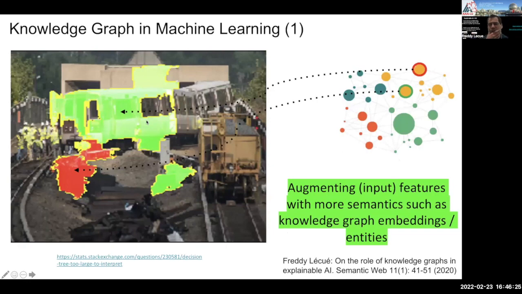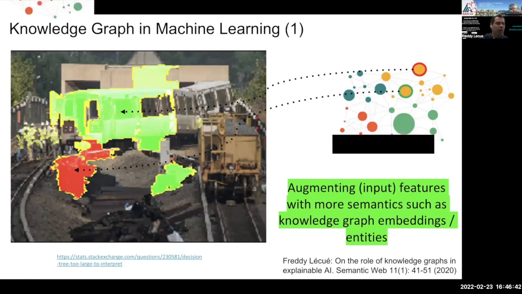So what we try to push is this: say it's an image classification task, and rather than only using labels, which usually come from WordNet, I mean, in ImageNet the labels are taken from WordNet, so there are a few connections, but it's not that deep a graph.